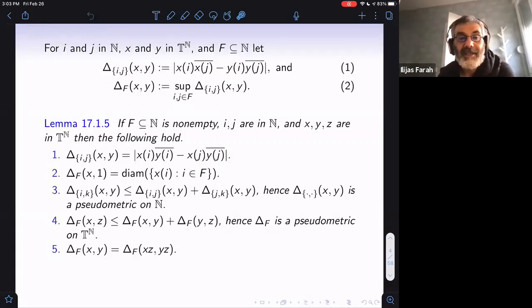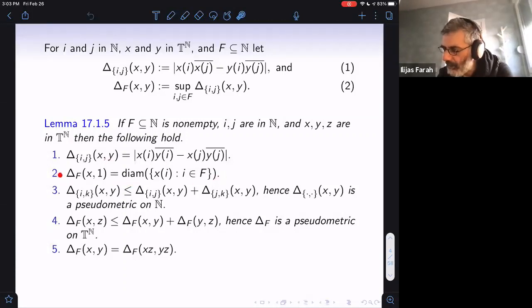From it, it is easier to see that delta is a pseudometric when you fix i and j and vary x and y. And anyway, here are facts that we did prove about the pseudometric. Let me just go quickly over that.